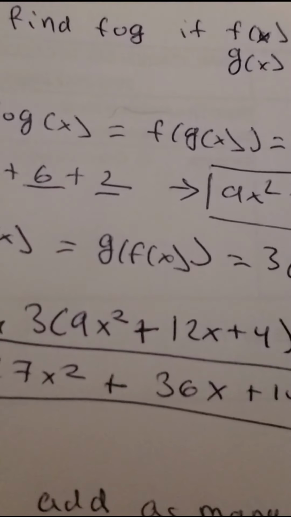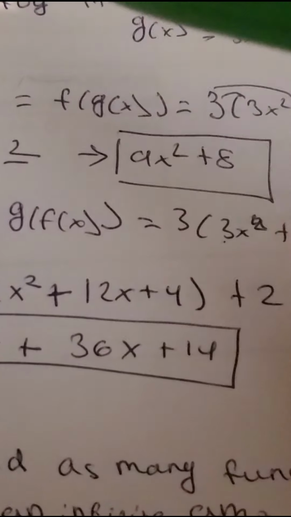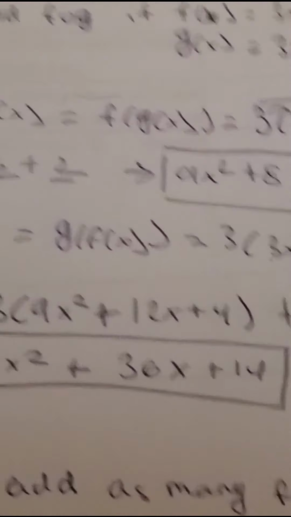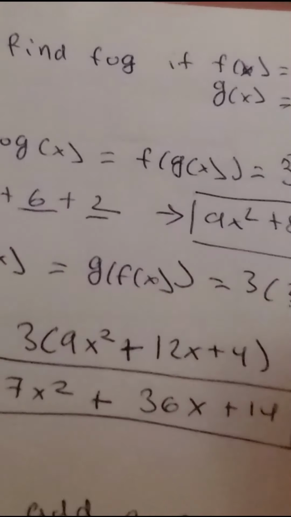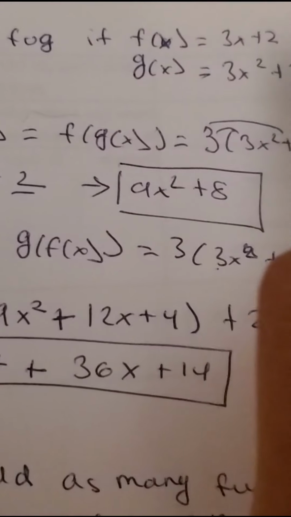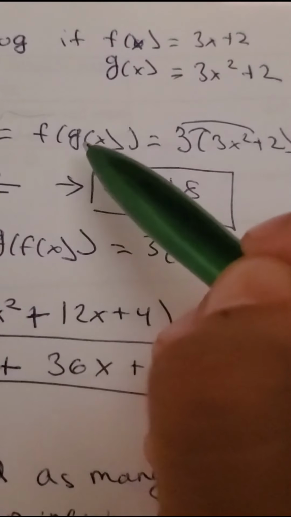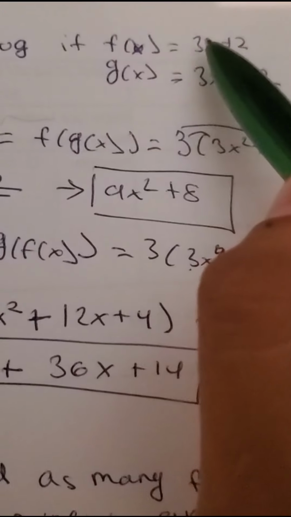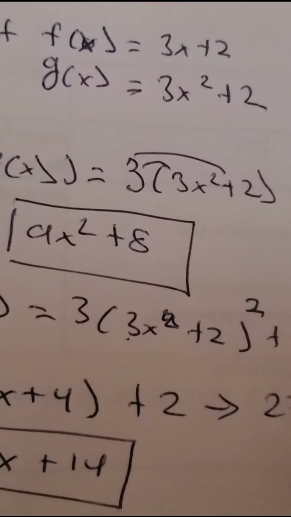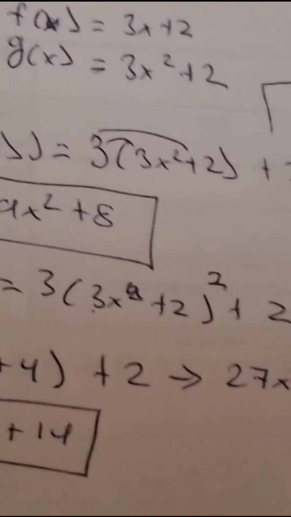By definition, F∘G of X is defined as the composition with G of X plugged into F of X, so F of G of X. So we take our F of X function, which is 3x plus 2, and we plug this whole value into G of X, which we showed here. So it'll be 3 times G of X plus 2.